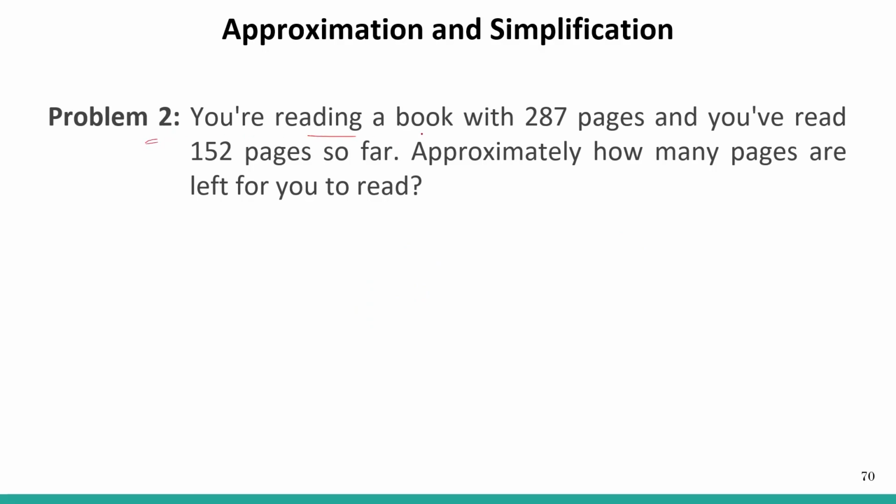Let's see problem number 2. You are reading a book with 287 pages, and you have read 152 pages so far. Approximately how many pages are left to read? The total number of pages is 287, and the number of pages read is 152.